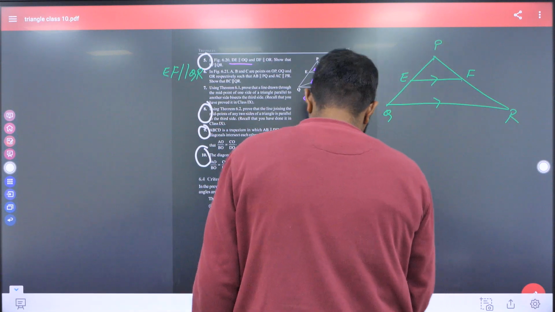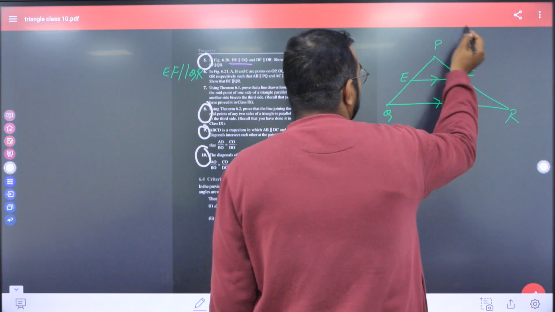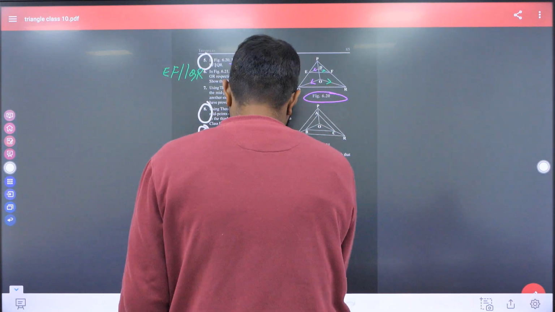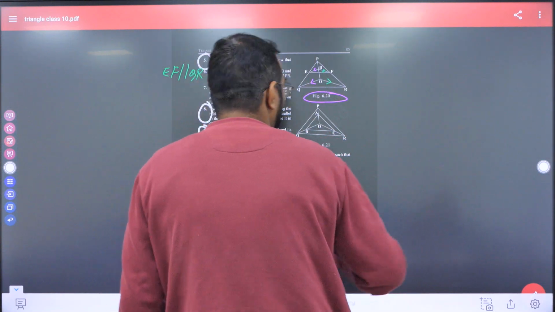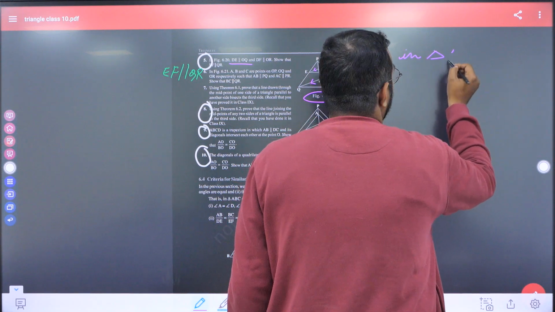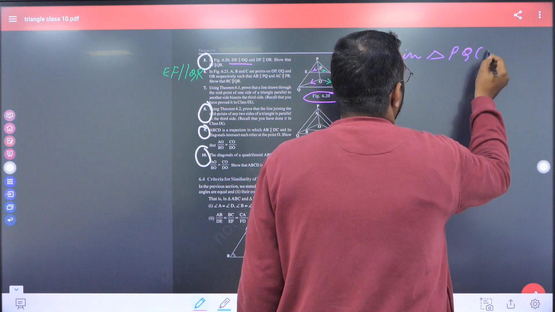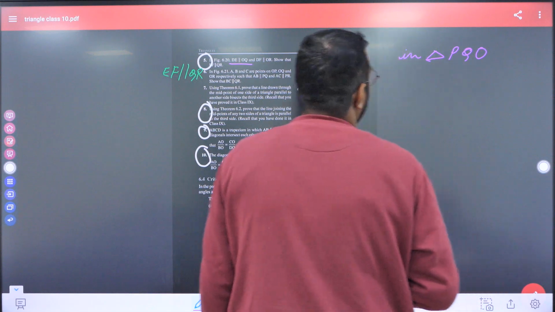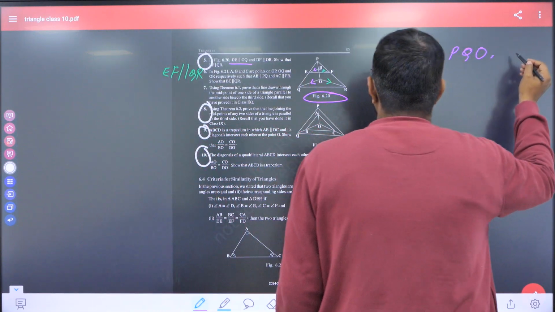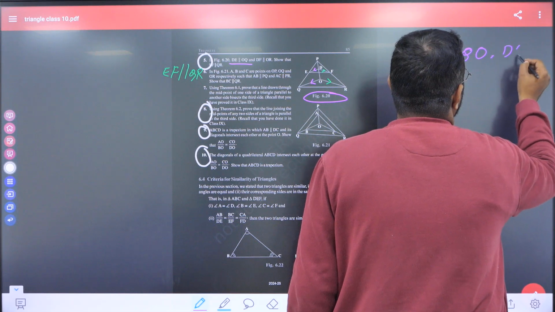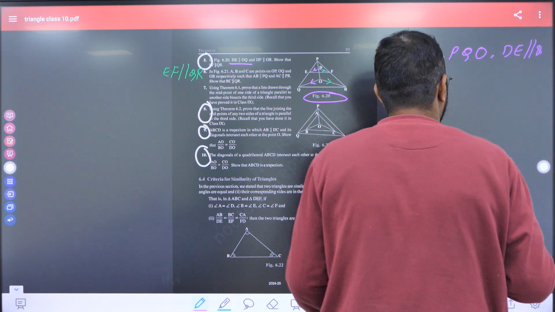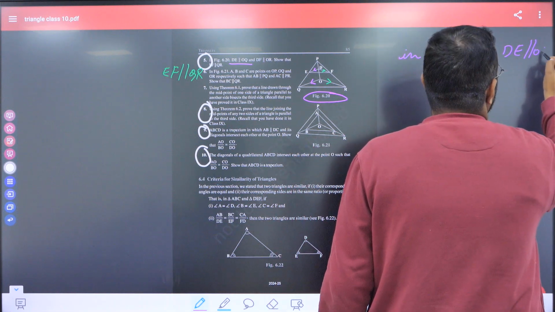So let's write here. In triangle PQO, DE is parallel to OQ.